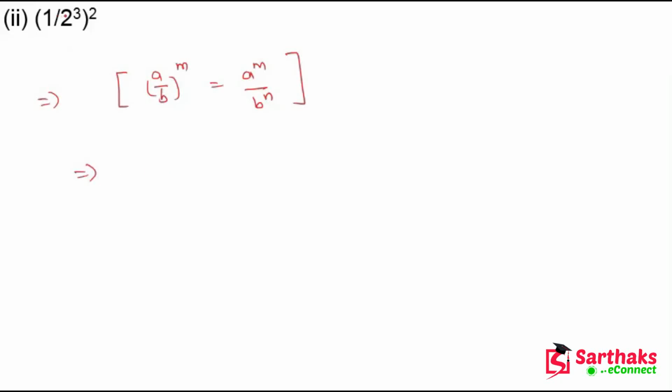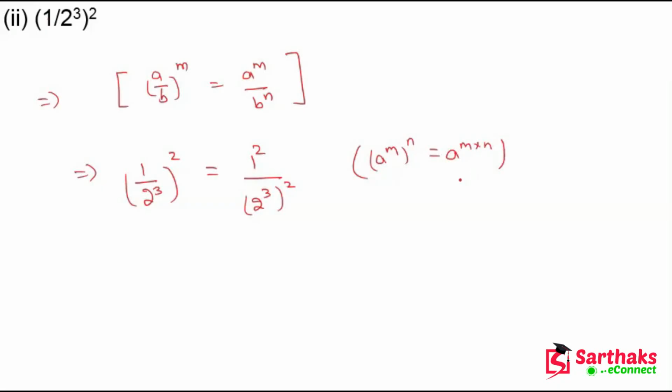So here we can write 1 raised to power 2 upon 2 raised to power 3 whole raised to power 2. And here we know that if a raised to power m and whole raised to power n, then this will become a raised to power m into n.